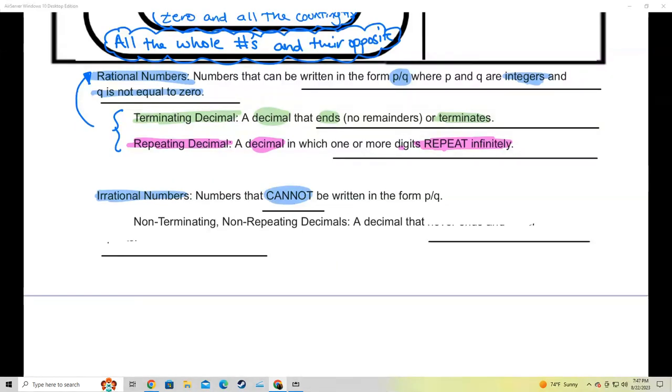Number one, it's non-terminating, and it's non-repeating. That means you're talking about decimals that never end and never repeat. So if you have a decimal that does not end and it doesn't repeat, then that's when you're going to end up with an irrational number.